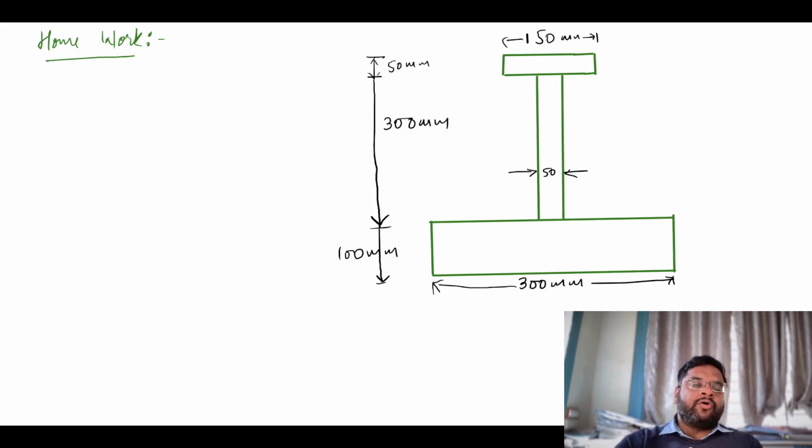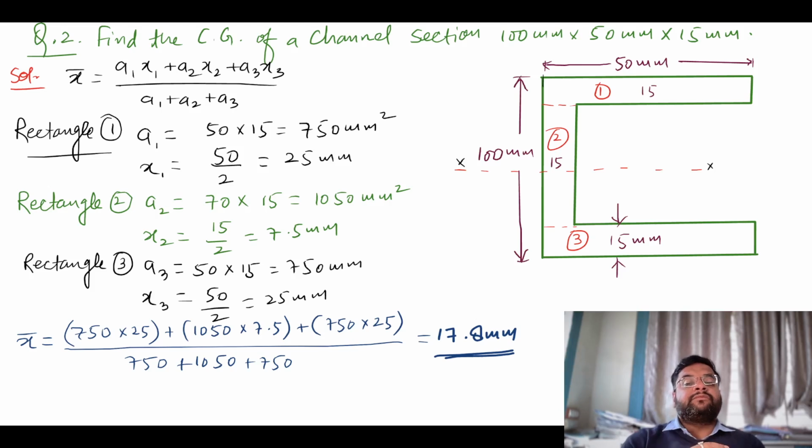This is the topic of the center of gravity for sections. Sometimes a 3D figure also comes in questions. So the formula is modified from a1 x1, where we have to find area, but in 3D figures we have to find volume.